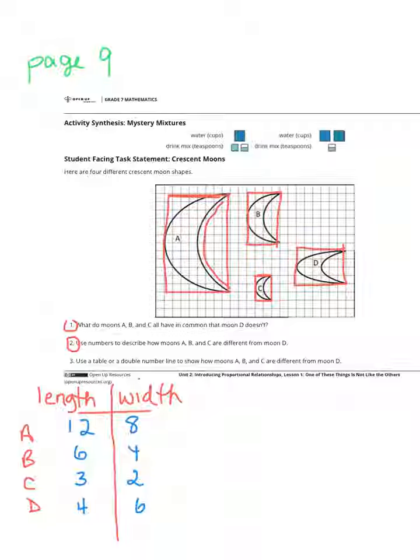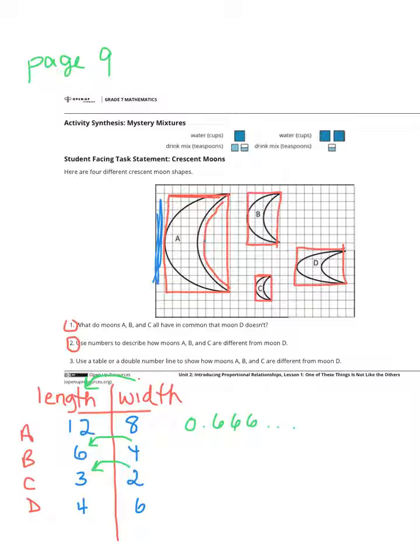So I've measured them all, and I called the up and down way the length, although it doesn't really matter which one we call this. I got the length and the width filled out in my table. And what I notice about A and B and C is if I divide the width by the length, in each of these cases, if I took my calculator out and I divided 8 divided by 12, I would get 0.6666 repeating.